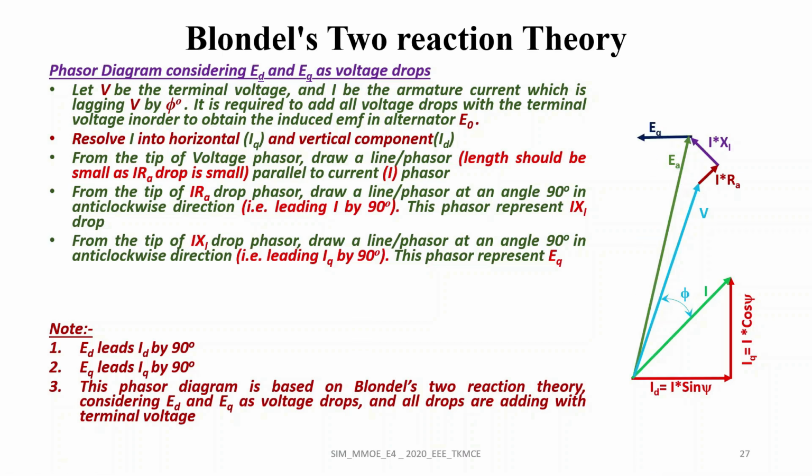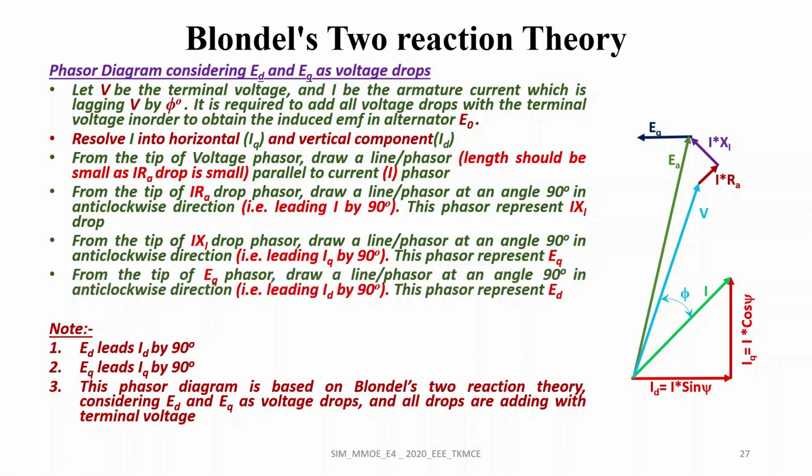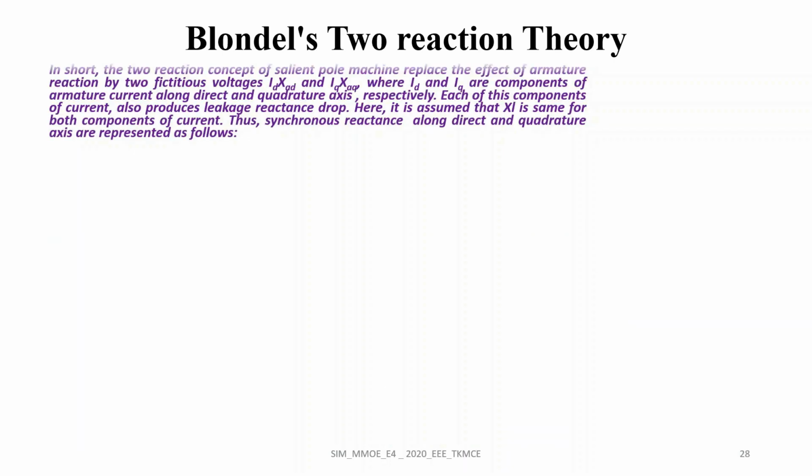Then from the tip of EQ, we draw a phasor leading ID by 90 degrees, that gives ED. Now the final phasor represents E0. The angle between E0 and V is the load angle delta, and the angle between E0 and I is the internal power factor angle psi.